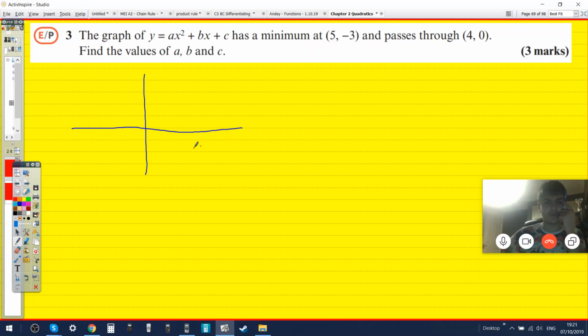Yeah, it's probably best to draw it. So if you plot 4, 0, and then 5, minus 3, so across and then down a bit. Something like that.